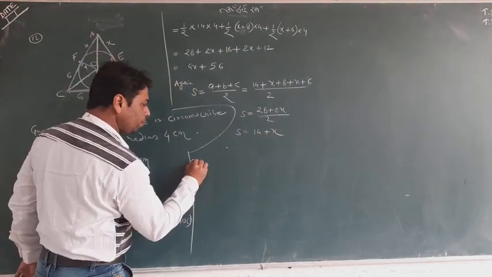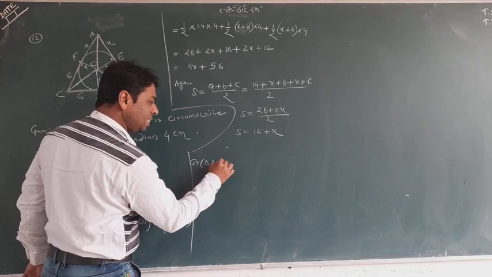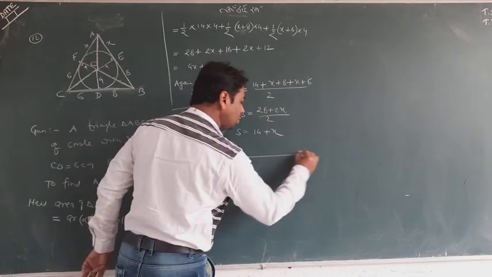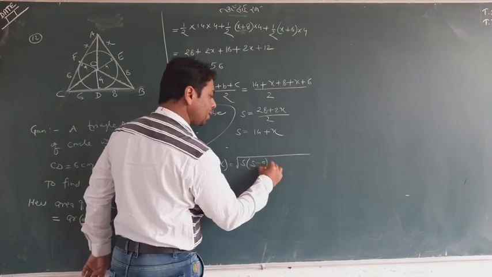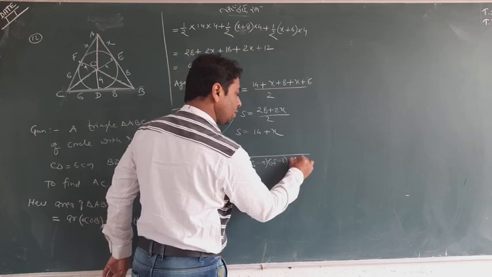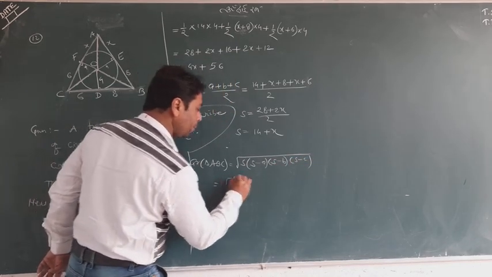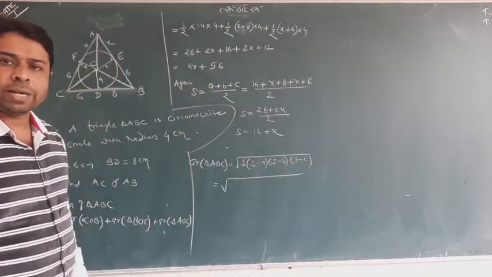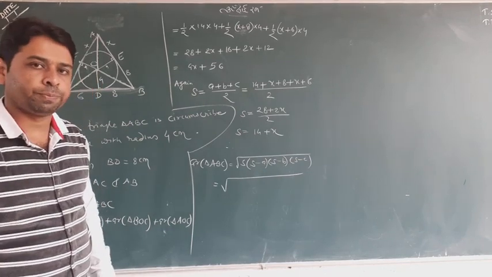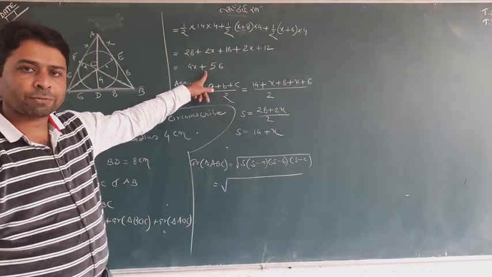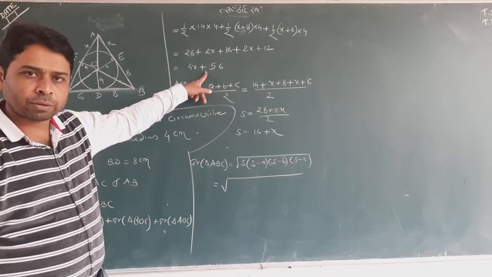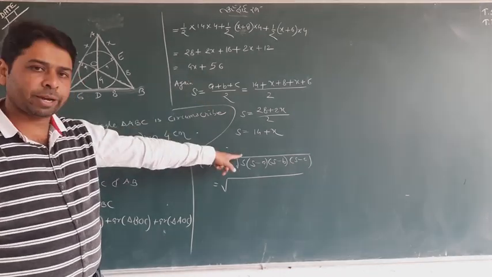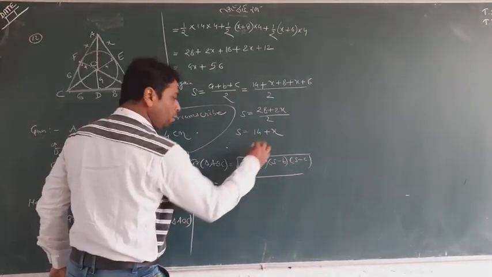After doing so, the area of triangle ABC can be found by the method which I have recently taught you: s minus a. This is Heron's formula, and we can find the area of the triangle by this law. Already we have got the area of the triangle with the fundamental method, and this is by Heron's formula. s equal to 14 plus x.